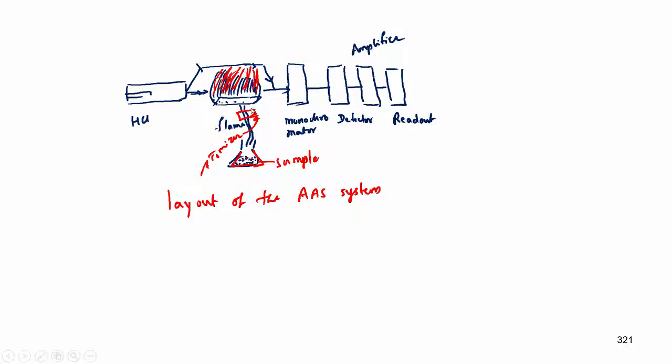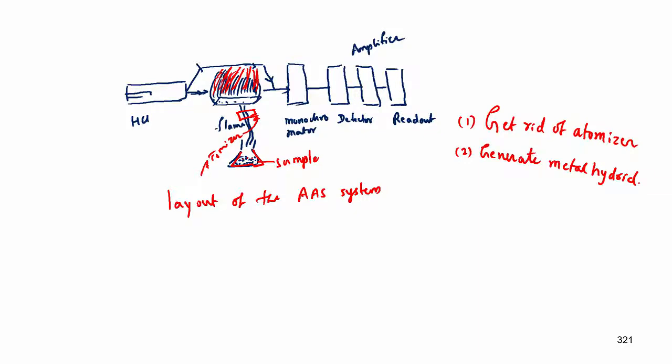So, what we are going to do is we are going to get rid of atomization, that is the sample introduction area, and we are going to get rid of it. Instead, we are going to generate metal hydrides.